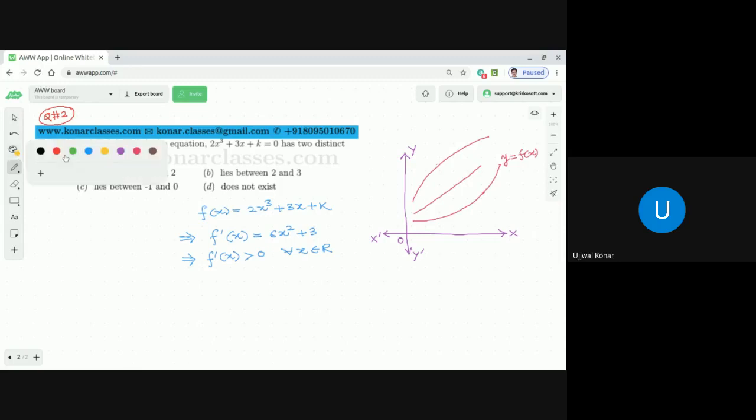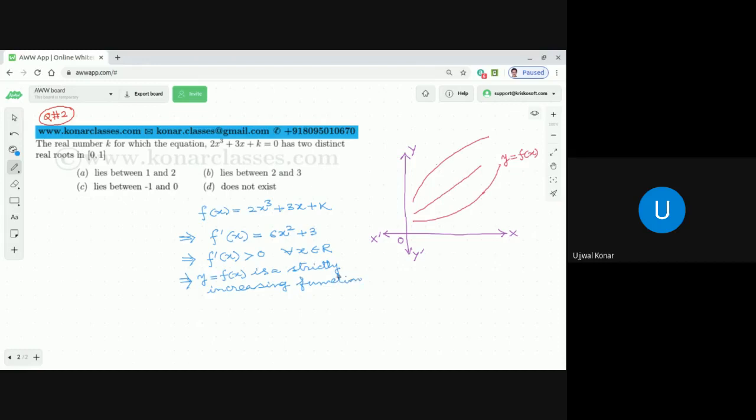So what we found is that as f dash x is greater than 0, we can say that fx is a strictly increasing function, or we can say y equal to fx is a strictly increasing function.